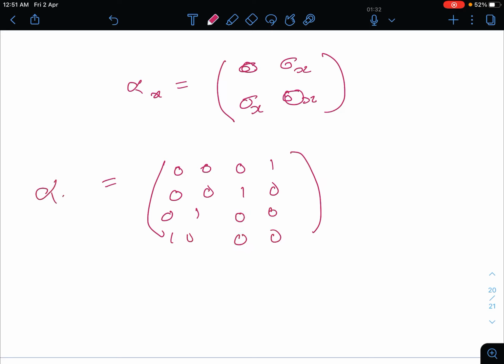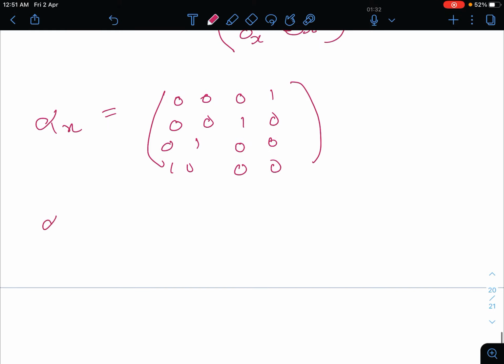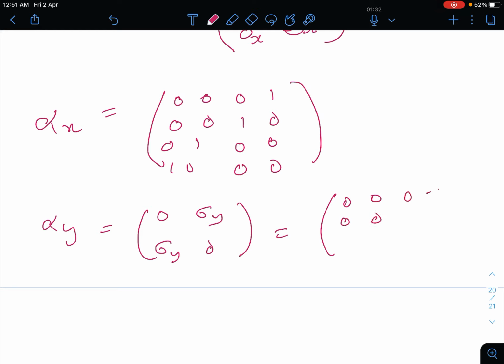So this is alpha x, and alpha y is similarly 0 sigma y, sigma y 0. What is sigma y? Simply 0 minus i, i 0.